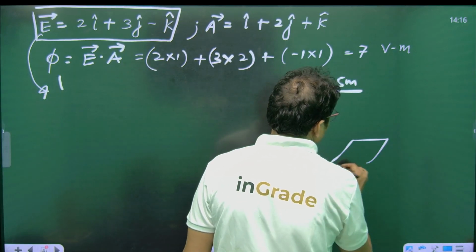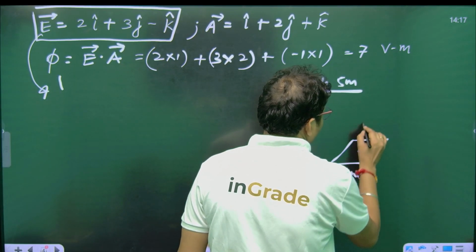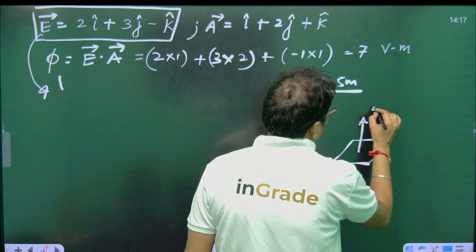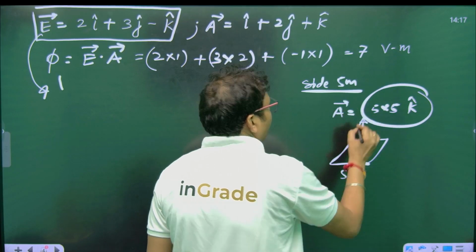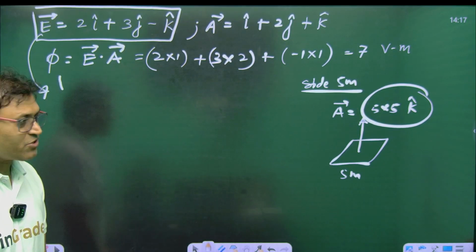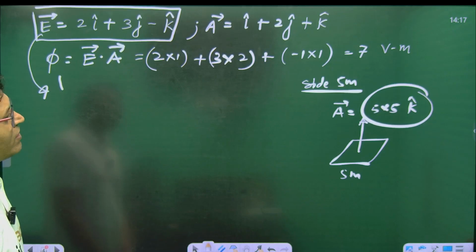If it is kept in the xy plane, then the area vector will be equal to 5 into 5 k cap, that is 25 k cap.